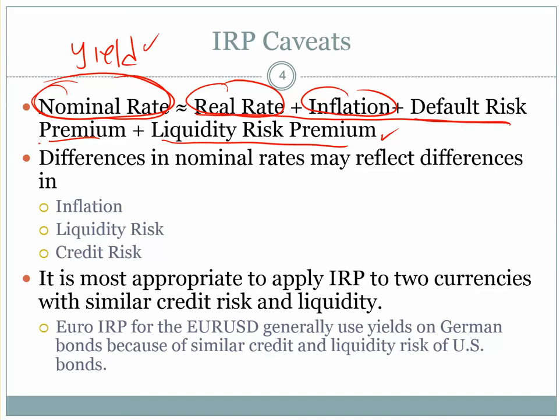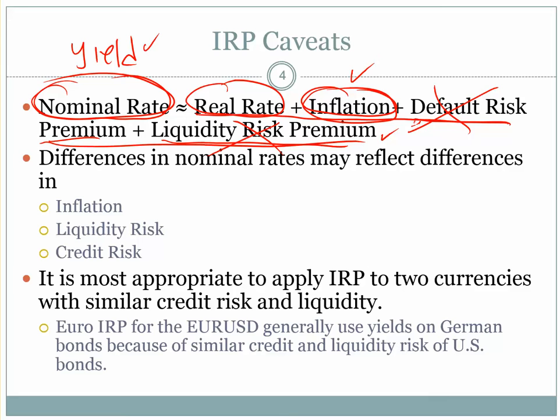Now, the interest rate parity assumes that everything's the same except for inflation. So when you observe differences in bond yields, it's only inflation. Now, if I'm talking about, say, an exchange rate between, say, US and Australia or US and Canada, I'd probably say they have the same default risk and the same liquidity risk premium as the US. Therefore, I'm a little more comfortable saying the only difference may be inflation.